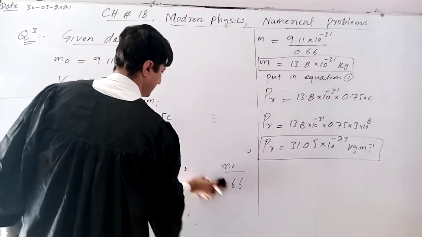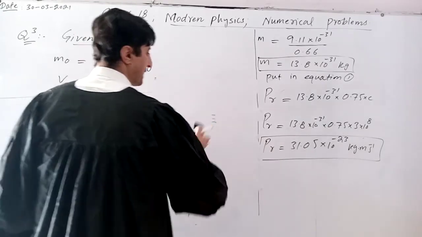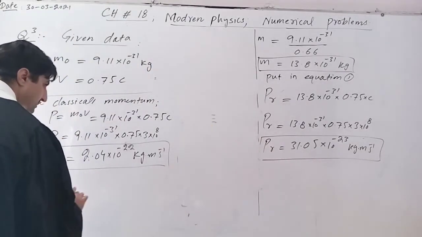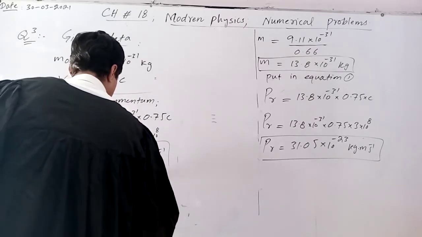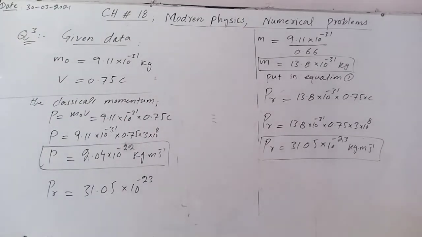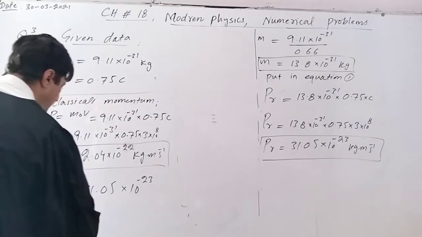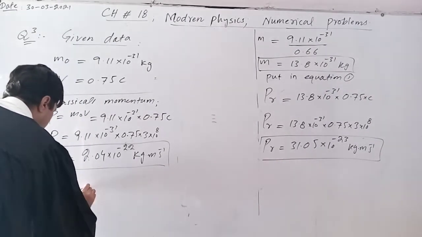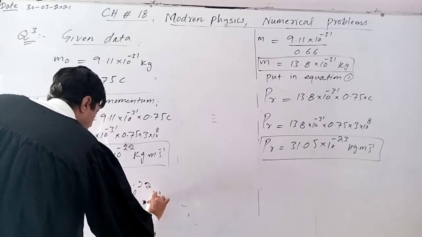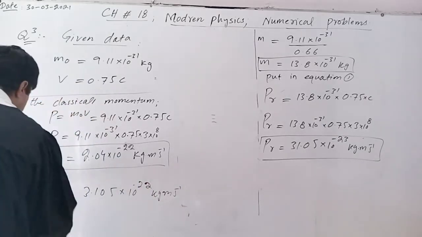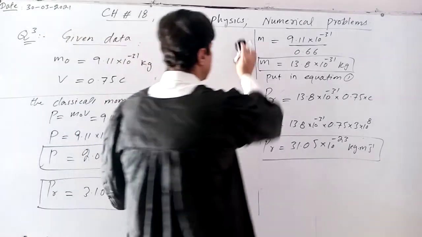Let me rewrite: relativistic momentum is equal to 31.05 multiplied by 10 power minus 23, or we can simplify this value and write it as 3.105 multiplied by 10 power minus 22 kg into meter per second. This is relativistic momentum.